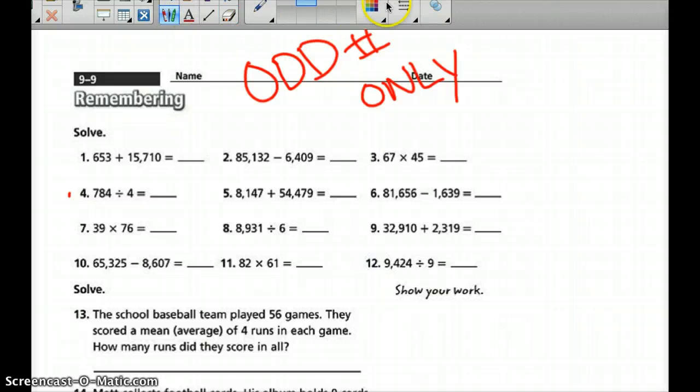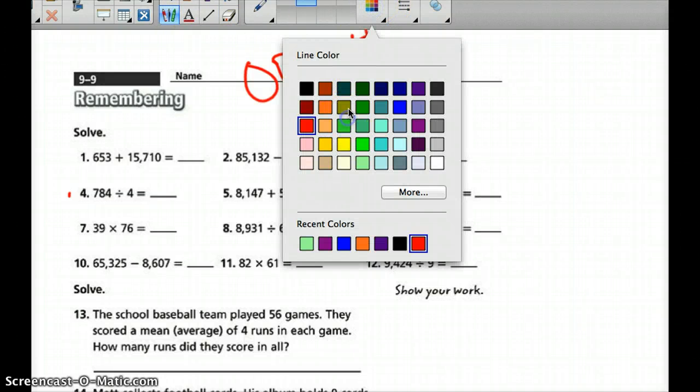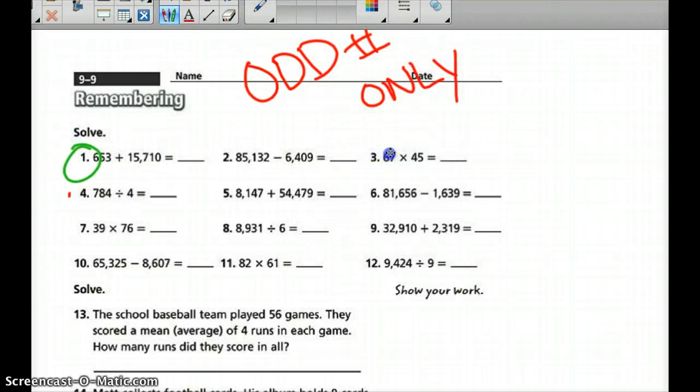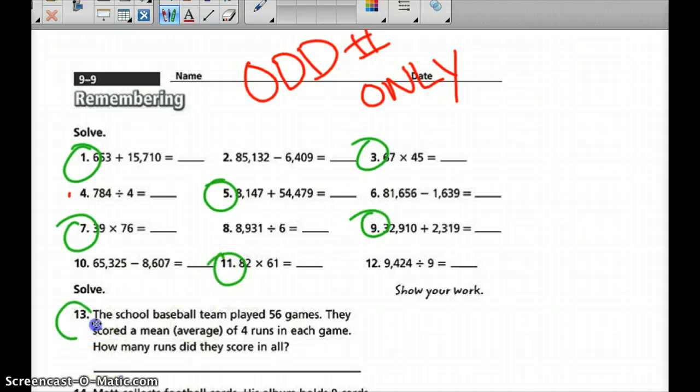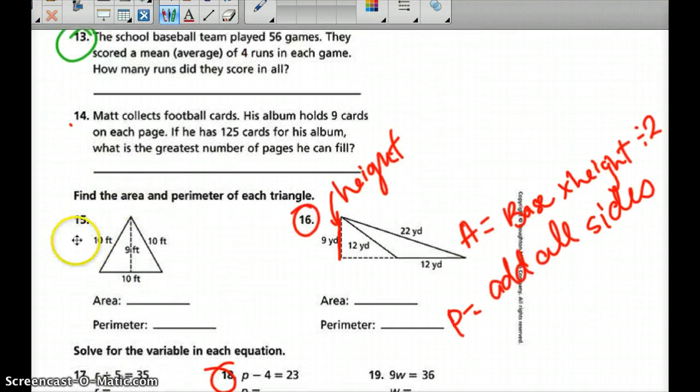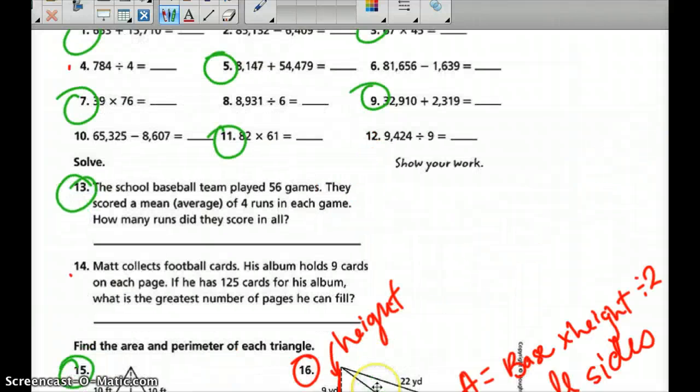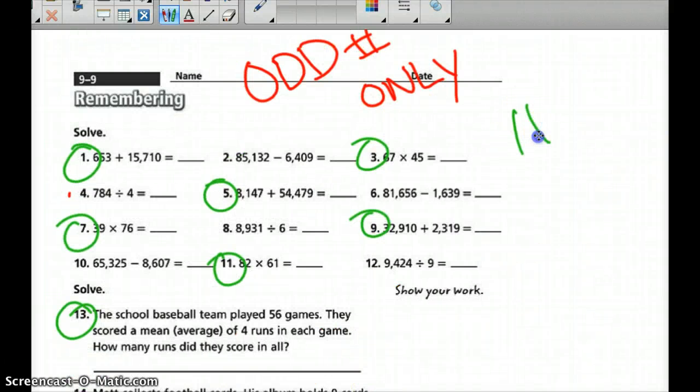So today you will be doing numbers 1, 3, 5, 7, 9, 11, 13, 15, 17, and 19. As soon as you're finished, you need to work on IXL. If you are not done with A2, you will be working with me during quiet time.